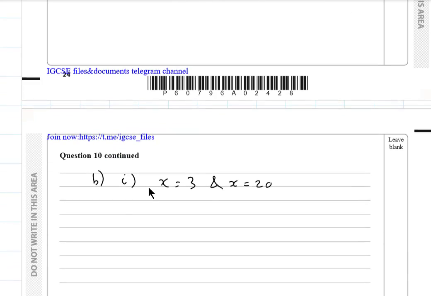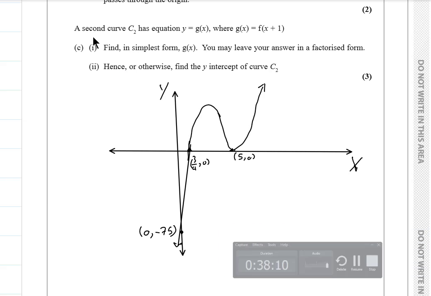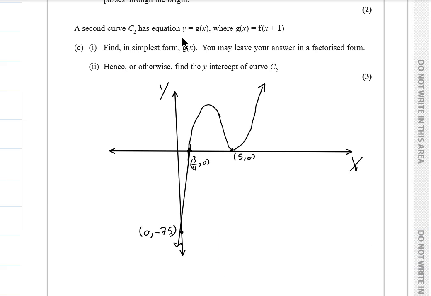This is the answer of B, ii. p should be 75. A second curve C2 has equation y equals g of x, where g of x equals f of x plus 1, a horizontal translation, and we will move it to the left by 1. Find in simplest form g of x. You may leave your answer in a factorized form.